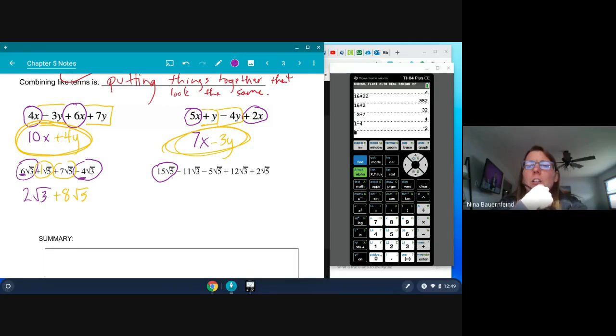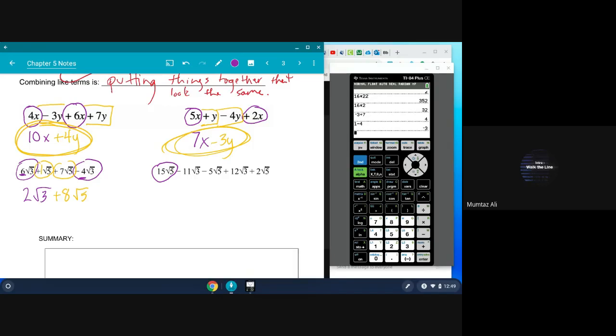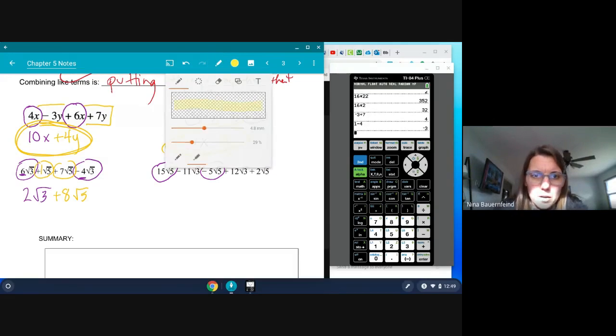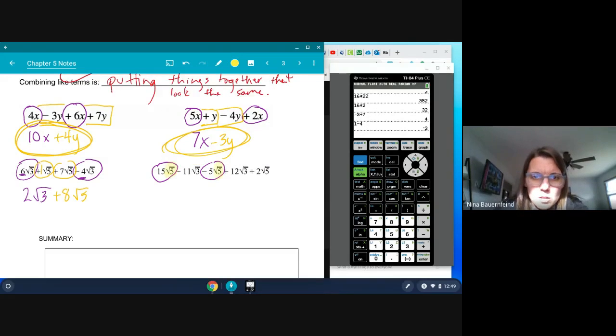What's something else that looks the same? Which one? How about this one? You see how that has the root 5? What I'm talking about is this part right here. Looks the same.